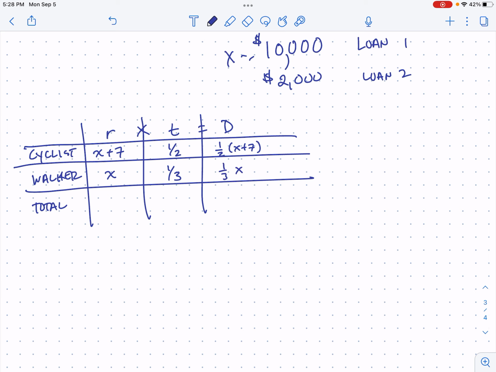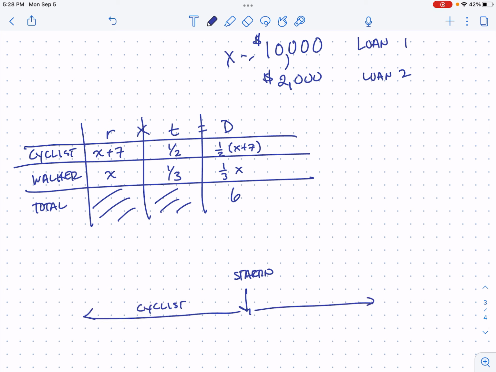The other fact I know is that their total distance, the distance between their home and school, is 6 miles. So if their house is here, here's their starting point. She's going to cycle. He's going to walk. But we know the total distance they cover when they get to school is 6 miles.